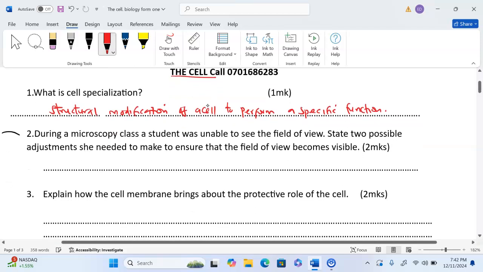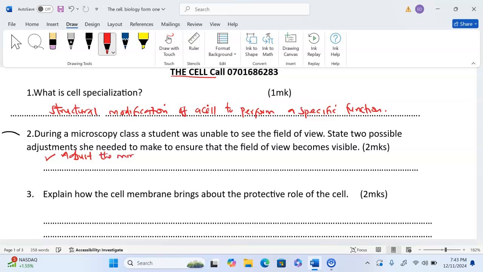Question number 2. During a microscopy class, a student was unable to see the field of view. State 2 possible adjustments she needed to make to ensure that the field of view becomes visible. Number 1, she can adjust the mirror. Number 2, ensure that the diaphragm is fully open.